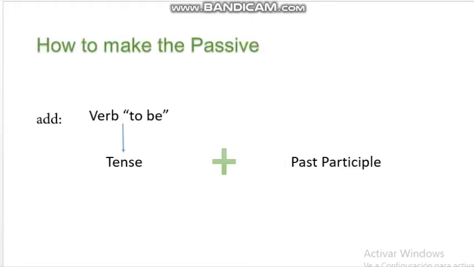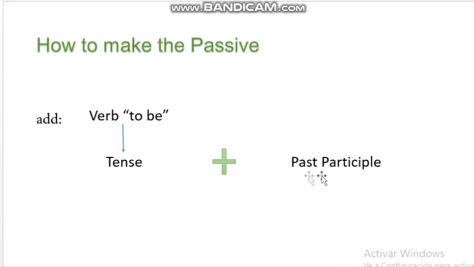Now we are going to see how to make the passive. Okay? We make the passive by putting the verb to be into whatever tense we need and then adding the past participle.